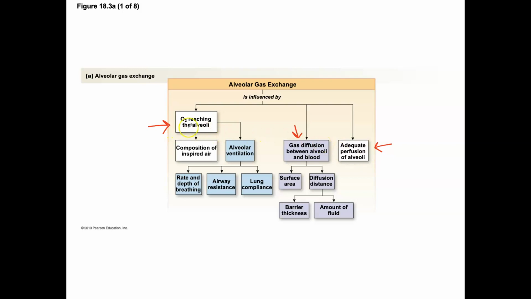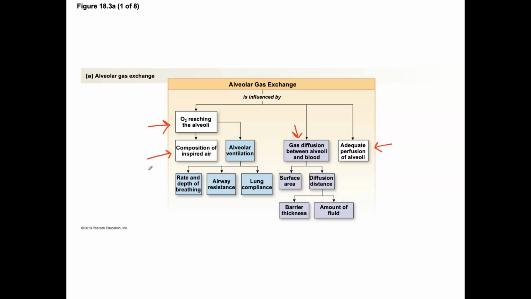If we look at the oxygen reaching the alveoli, that is partially dependent upon the composition of the air that we breathe. So adequate oxygen reaching the alveoli and ensuring that we get oxygen into our arterial blood is going to be dependent upon the partial pressures of the air that we breathe.